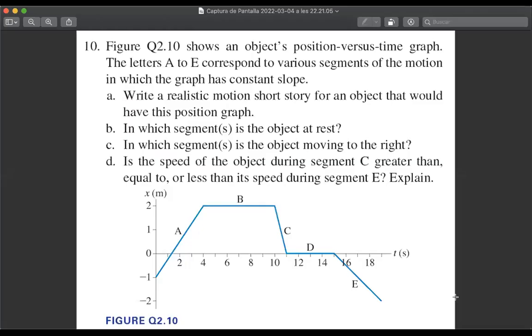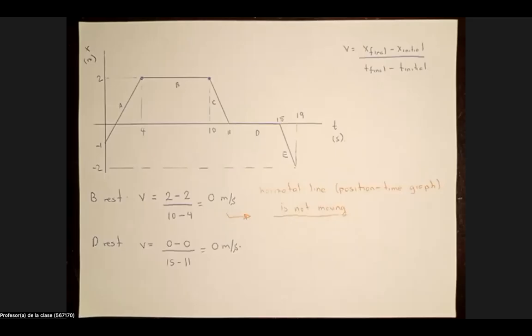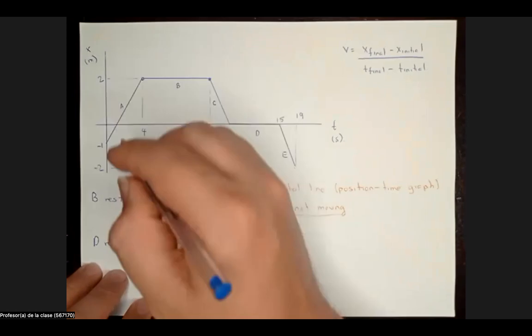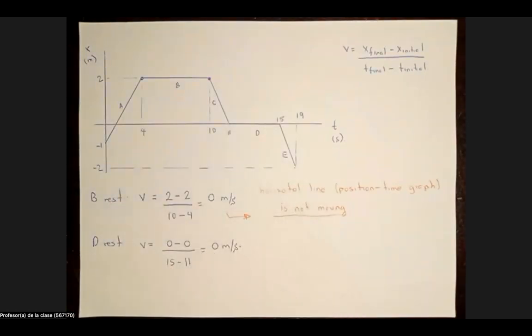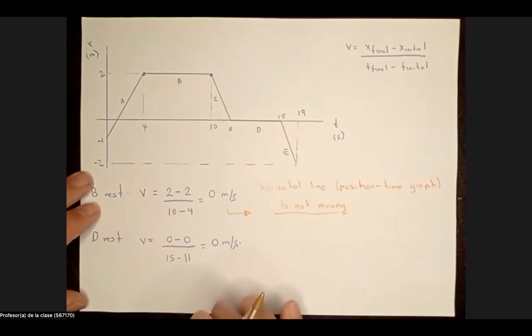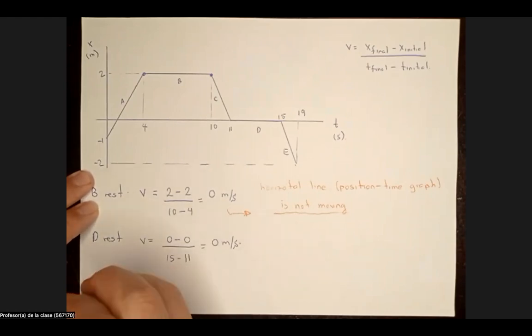C, in which segment or segments is the object moving to the right? Because the problem doesn't say anything, I will choose that this original and initial position over here is going to the right. So at A, that will be the first interval, I will choose that A is going to the right.